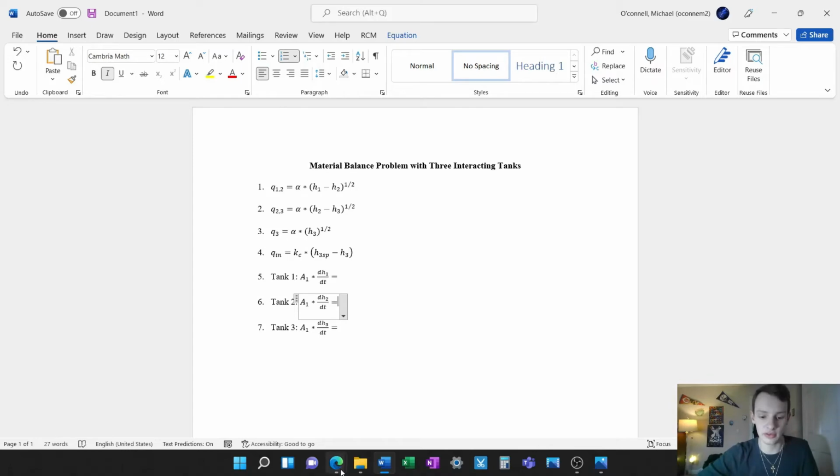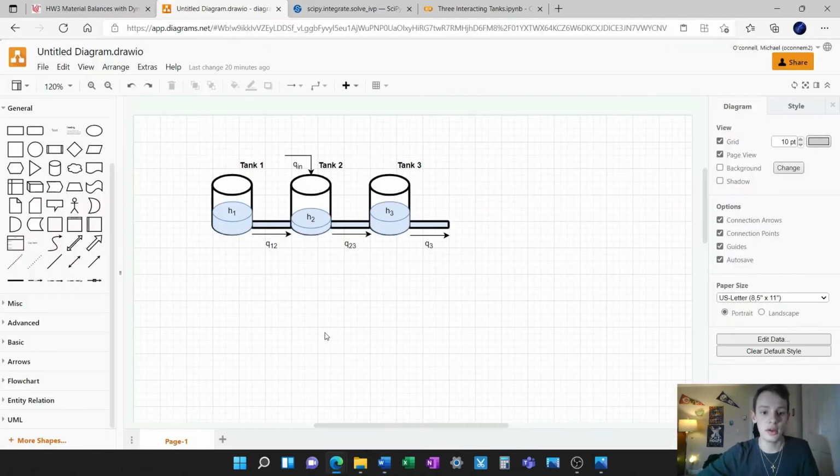So we have all our left-hand sides. That's great. Now we need our right-hand side. Okay, so we're modeling fluid that is going into tank 1. Well, there's nothing going in up here, right? So there's only one way that we can have fluid go into tank 1, and that's through this bottom section.